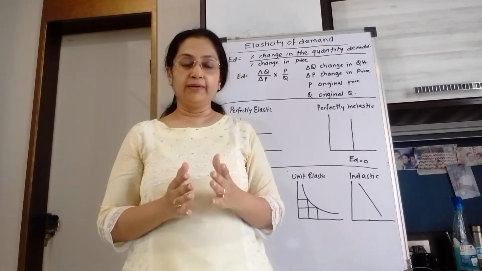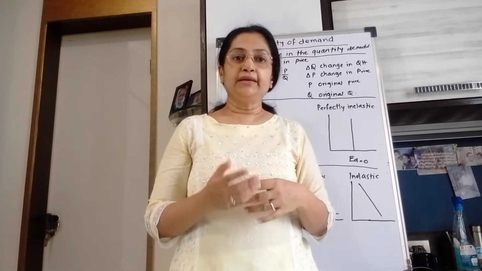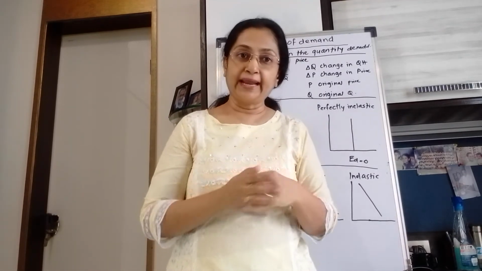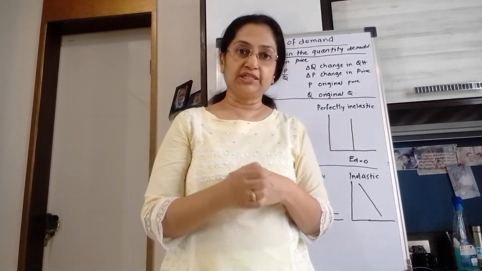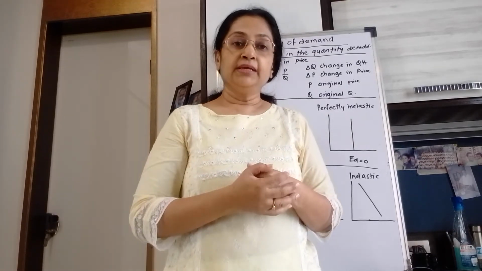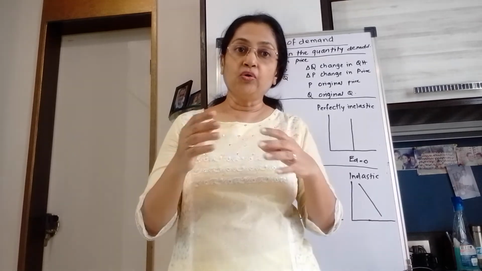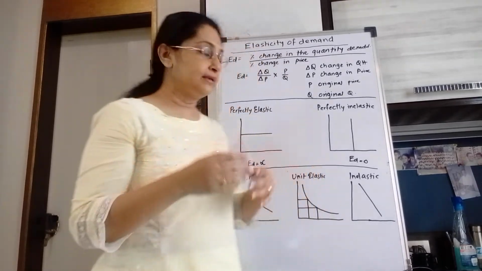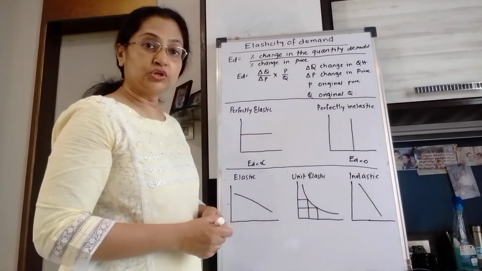Perfectly elastic demand can be defined as when the quantity demanded changes to a great extent or infinite extent with a small or no change in price. We call it perfectly elastic demand. That means at the same price, quantity demanded can go on increasing infinitely, and therefore we get a horizontal demand curve.